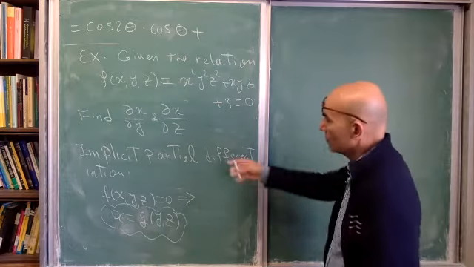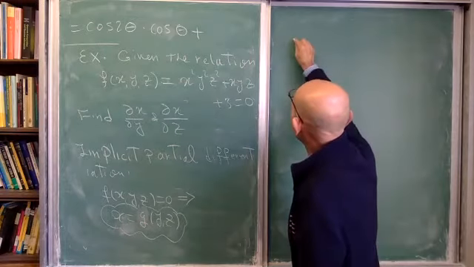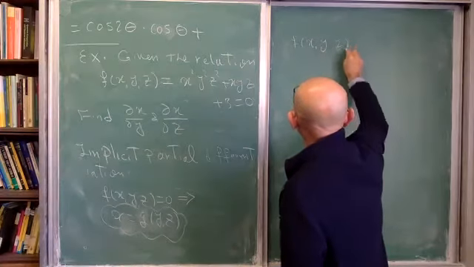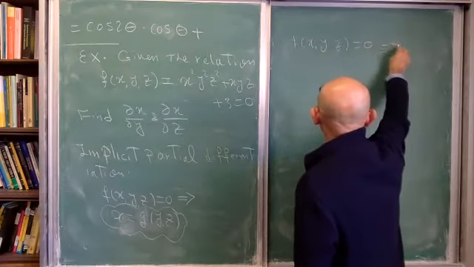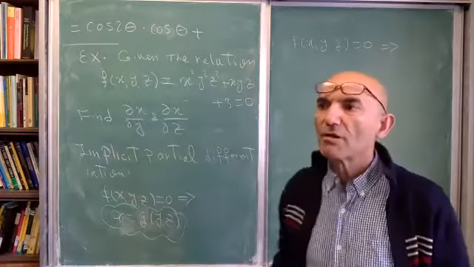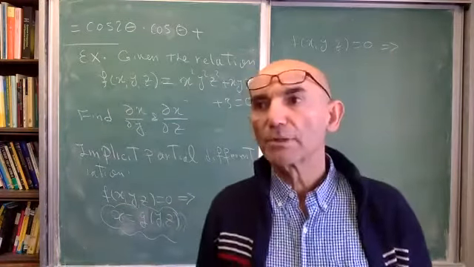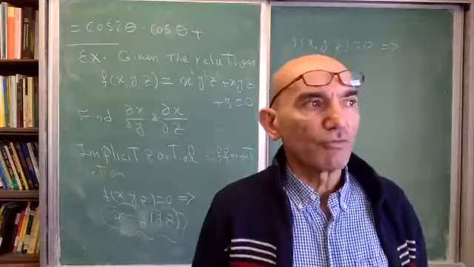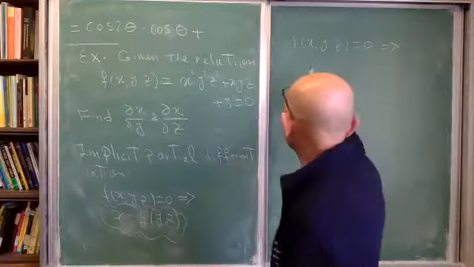So f of x, y, z equal to 0. We can take the derivative with respect to y and with respect to z.